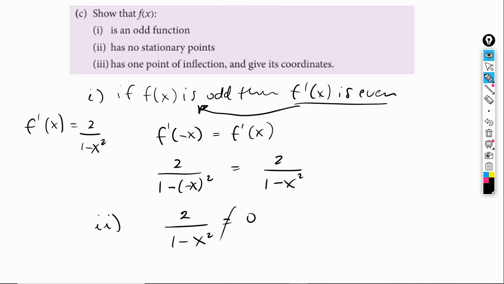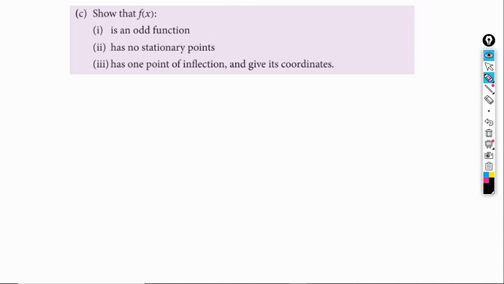Okay, so now I'm going to get rid of this to work on part 3, which says that f of x has one point of inflection, and we have to give its coordinates. So for part 3, we will need to do the second derivative of f of x, right?